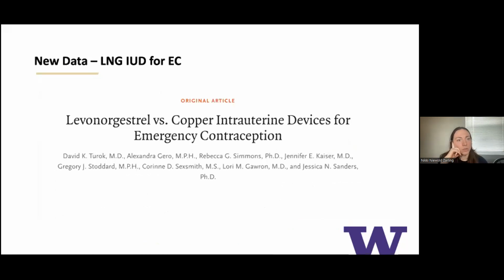I also want to share some new data about other options for emergency contraceptives, specifically levonorgestrel IUDs. It's a new study from the New England Journal of Medicine in 2021 that randomized patients who were requesting emergency contraception after at least one episode of unprotected intercourse within the last 5 days. They were randomly assigned to the levonorgestrel 52 milligram IUD, which is Mirena or Liletta, or a copper IUD, and it was a non-inferiority study.